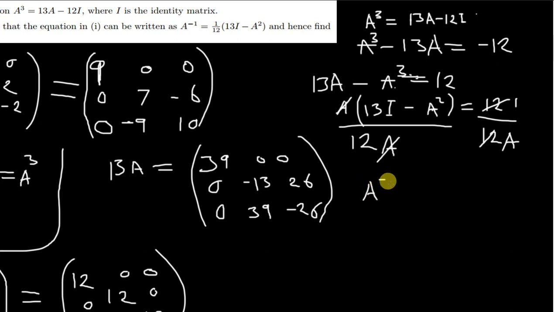a to the power -1 is equal to 1 over 12 multiplied by 13I minus a squared.